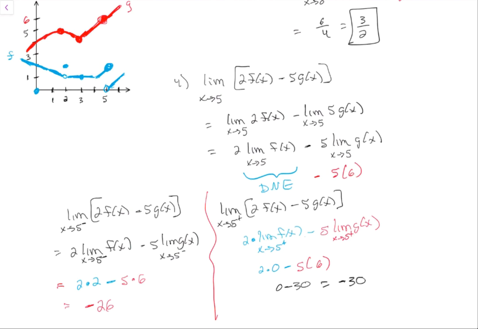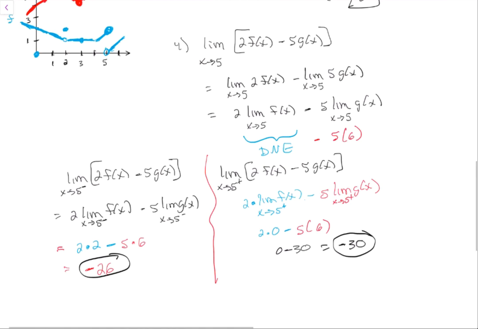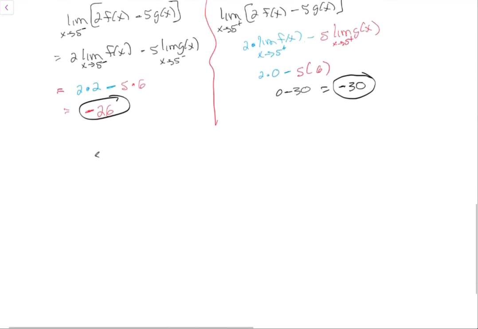So even in this scenario, we can see the right-hand limit and the left-hand limit are not equal to each other. Since these two limits are not equal, since the one-sided limits are not equal, then the two-sided limit does not exist.